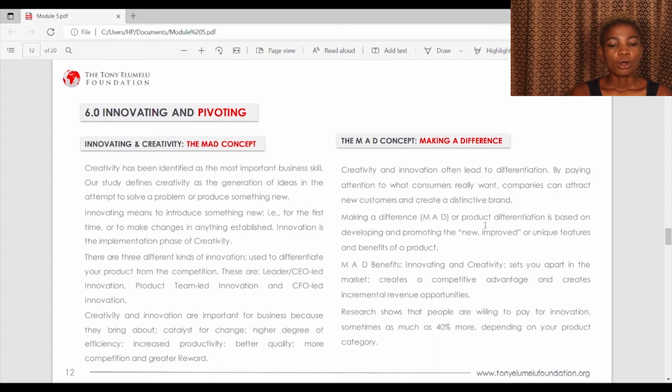Demand or product differentiation is based on developing and promoting the new, improved or unique features and benefits of a product.